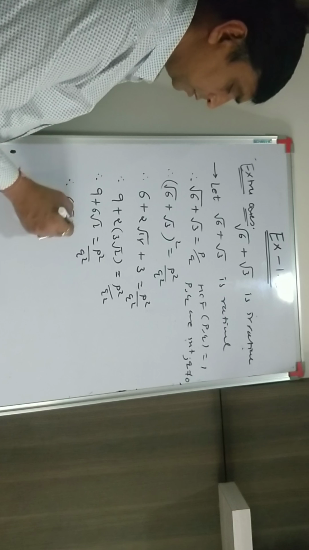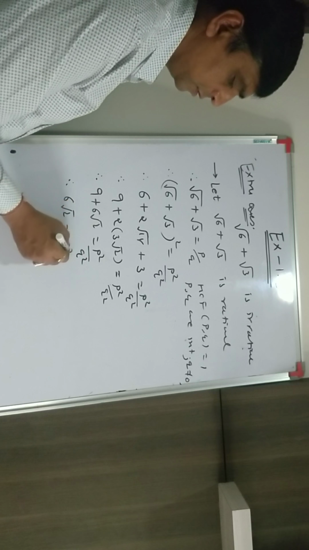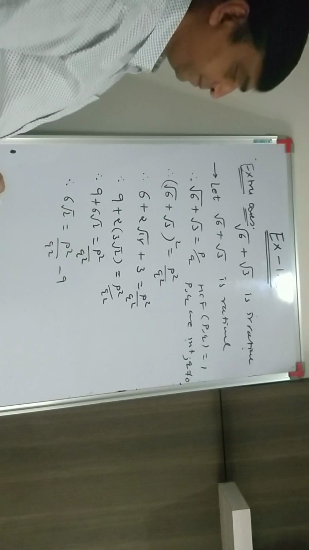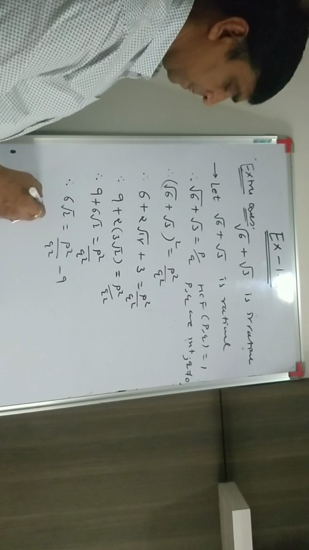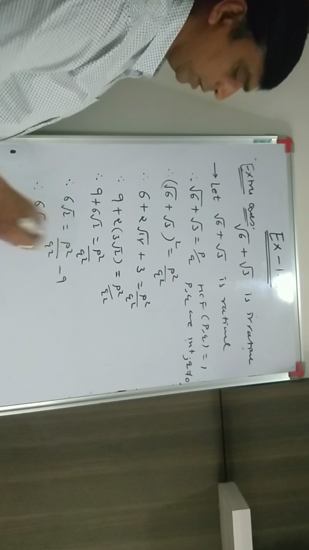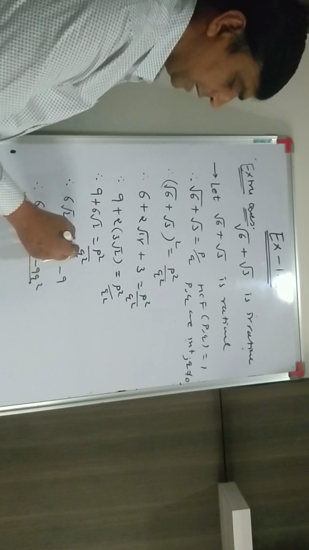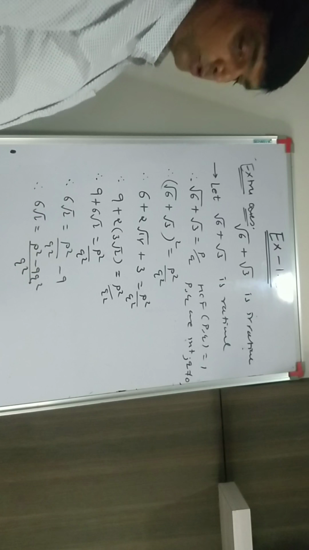Therefore 6 root 2 equals P square upon Q square minus 9. Therefore 6 root 2 equals (P square minus 9Q square) upon Q square.